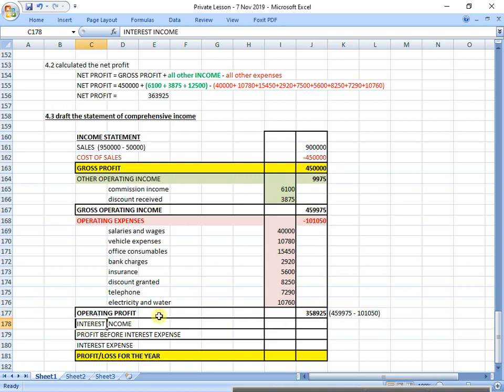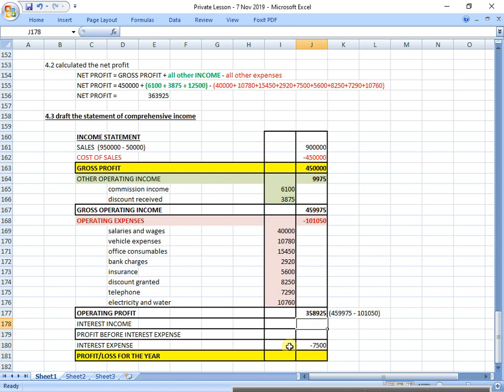Okay, what's the interest income? What's the interest income? That was interest on overdraft. Interest on overdraft is interest expense. That's here. We can put that in. Interest on overdraft, what did you say it was? Minus 75.